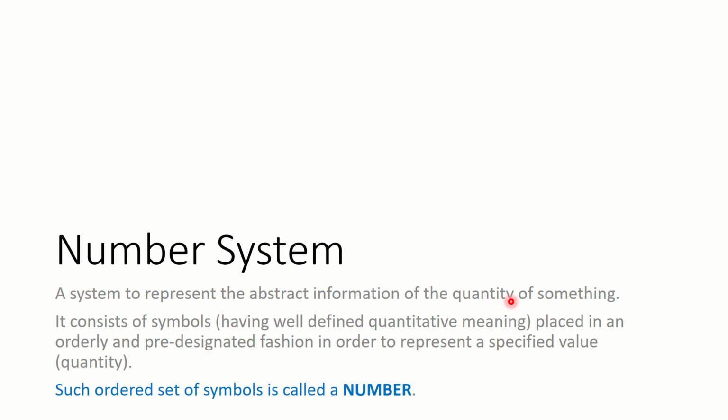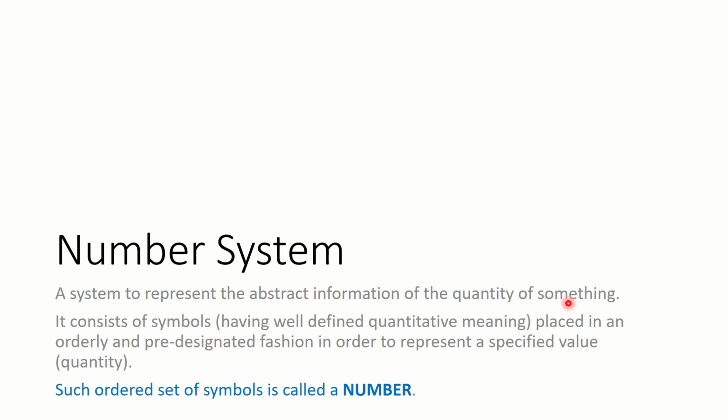So the quantity is basically an abstract information of something, like you may say that there are so many apples with a fruit seller. So that so many is a quantity. You buy so much kg of rice, so that so much is a quantity.